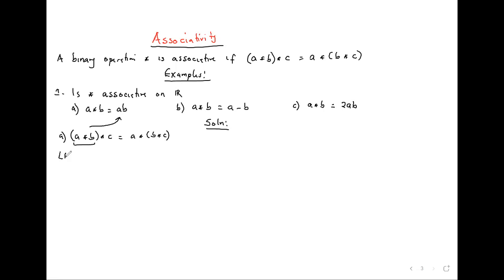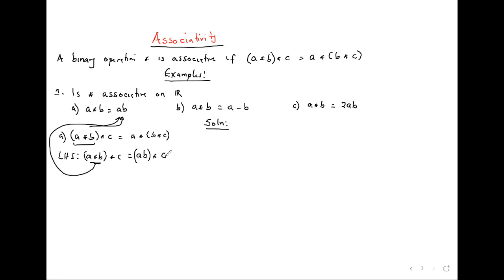Now let's pick the left-hand side. A star B star C. What is A star B? A star B is given in the question as AB. So while there is A star B, you write AB, this as one element, star C. We now only have one star.